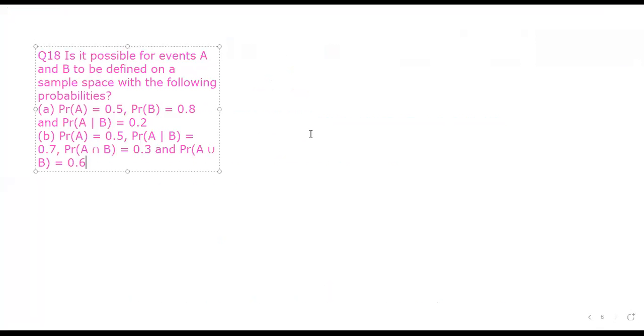Is it possible to have the probability of A and probability of B as 0.5 and 0.8, and A given B as 0.2? The first thing is you need to understand the axiom that we had. Remember, we said A given B, when you multiply times probability of B, what does it give you?